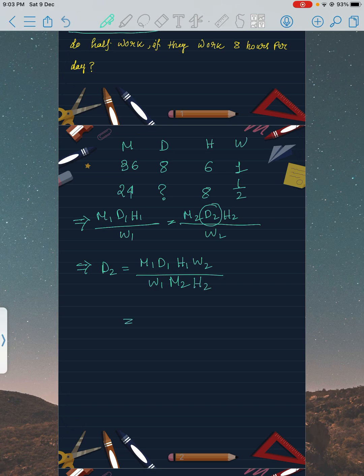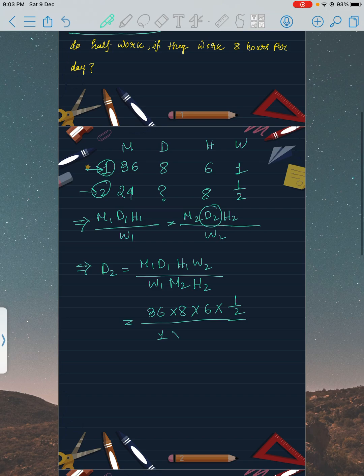So put the values. m1 is, this is for 1 and this is for 2, 36, d1 is 8, h1 is 6, w2 is half, and w1 is 1, m2 is 24 and h2 is 8.